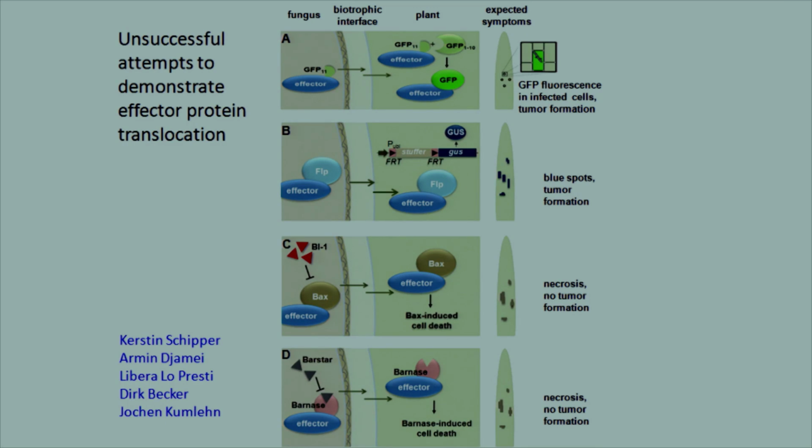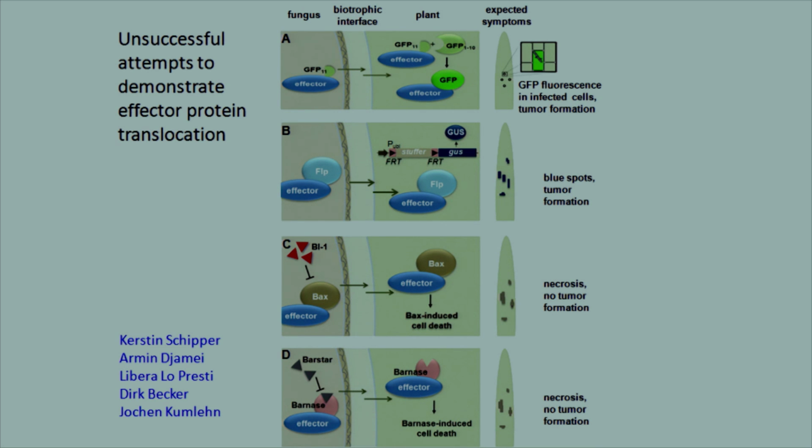I don't want to go through this complicated slide, just to tell you we have established plenty of other assays where we used a split GFP system for effector translocation, where we got transgenic maize plants, where effector translocation would excise this stuffer by flip recombinase, and then you would get Gus expression.